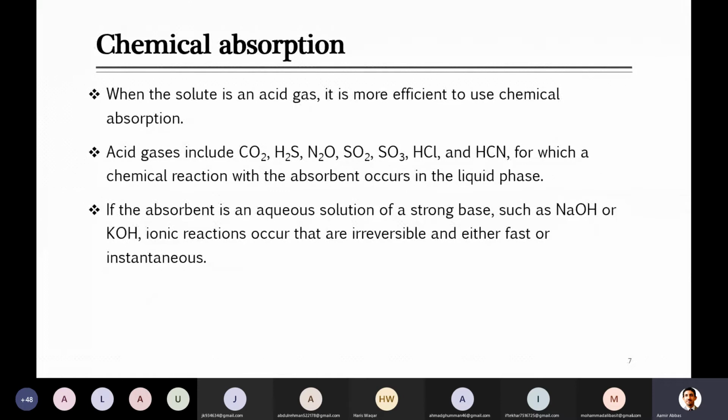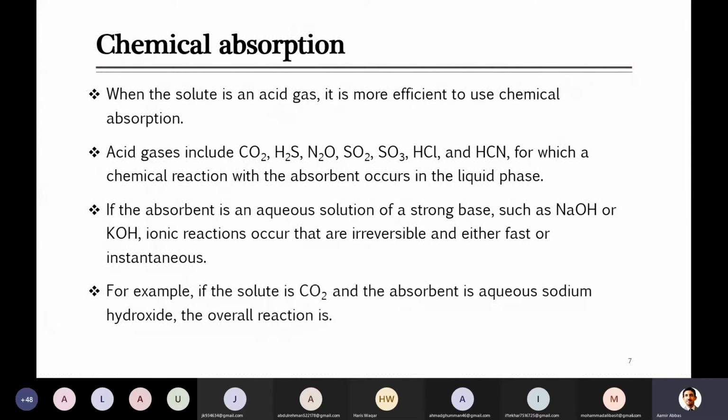Here, as you can see, NaOH and KOH are bases, and these gases are acidic, so a reaction will take place if you provide the proper reaction conditions. When acids and bases react, these are irreversible reactions, and they are fast and instantaneous.